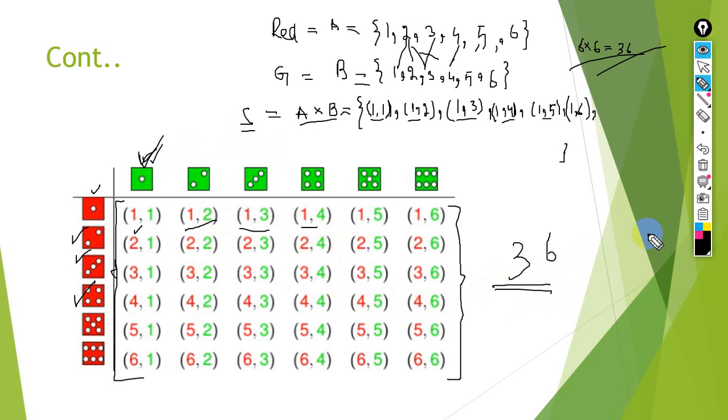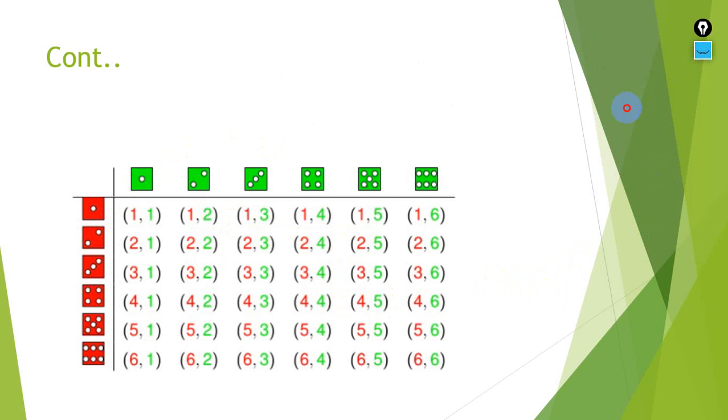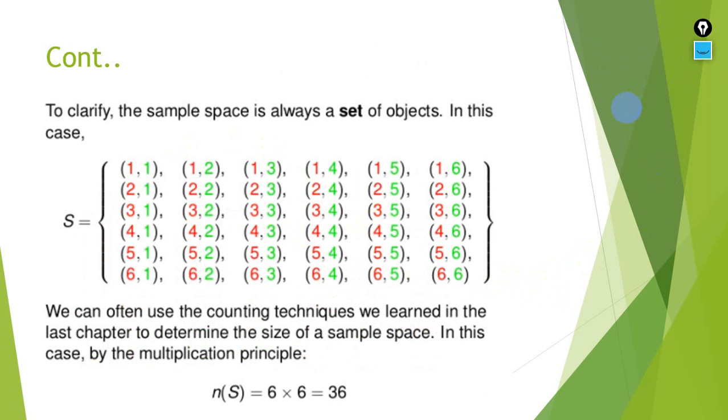If you have any question related to this, you can ask or pause the slide. In the next slide we have the same outcomes, but I have taken these in a set form.